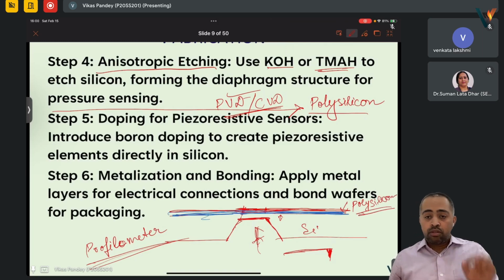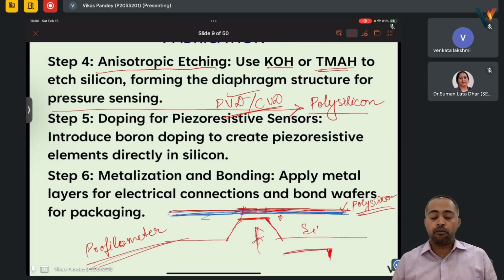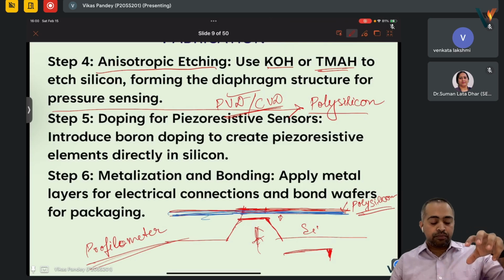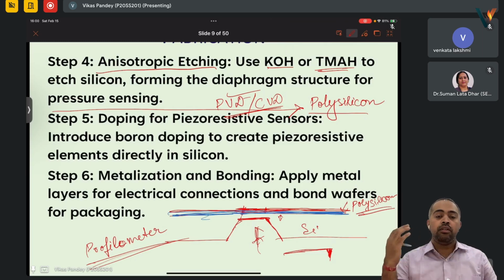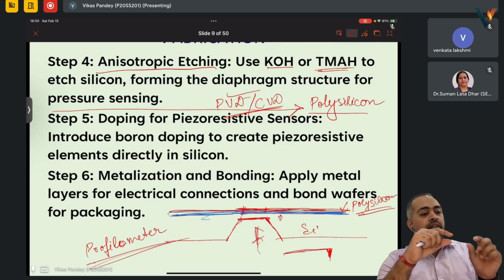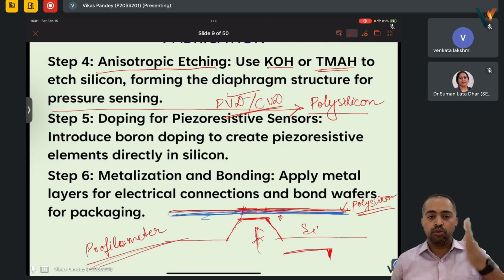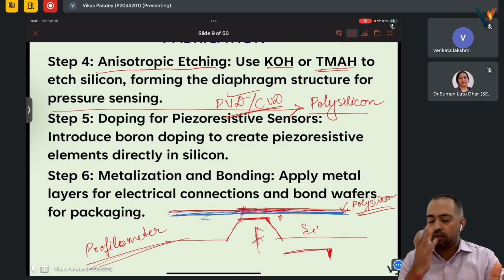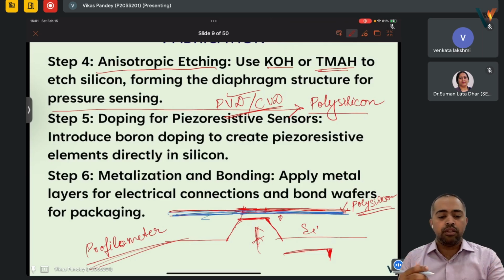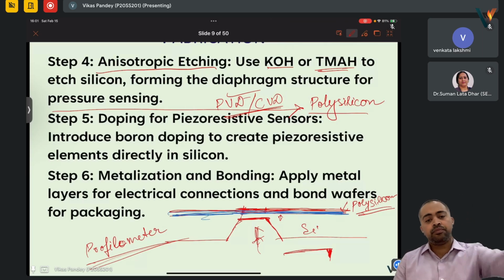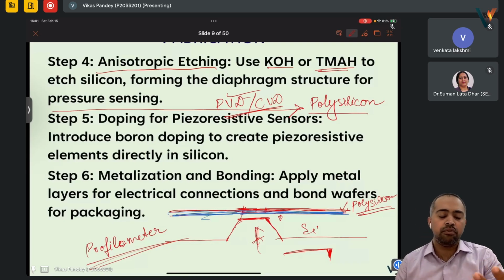Okay, so on this polysilicon, now again we will do lithography. But before that, we cannot dope it at specific places, so the whole structure is doped. This is taken to chambers where boron doping is done. A boron precursor is used to dope it.